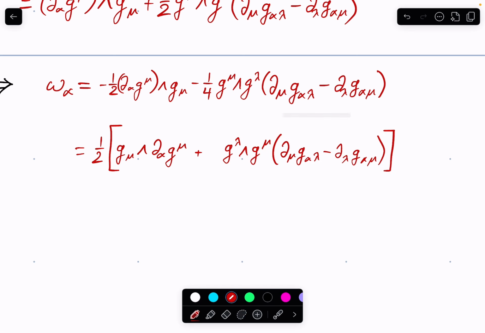Actually, I forgot a factor of 1/2 here. So we have this.